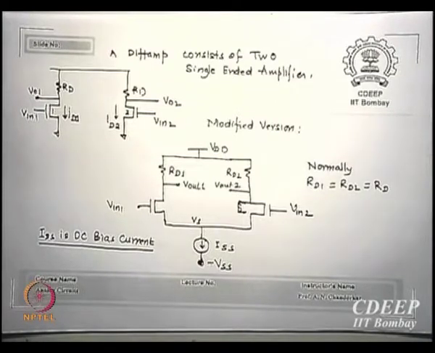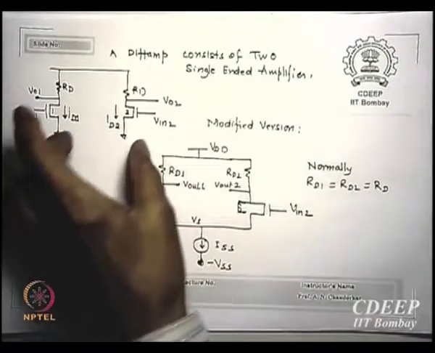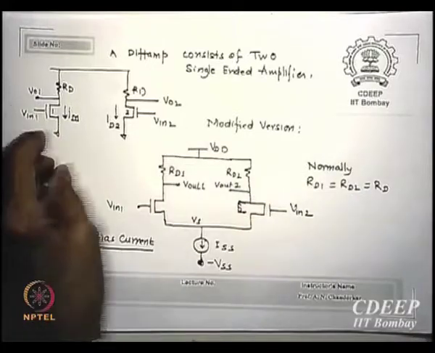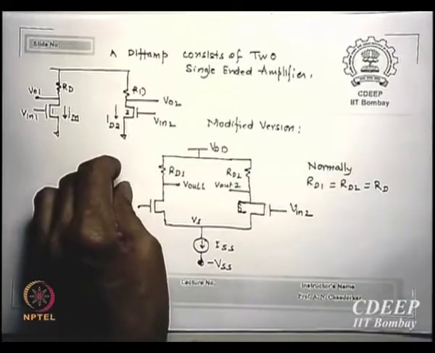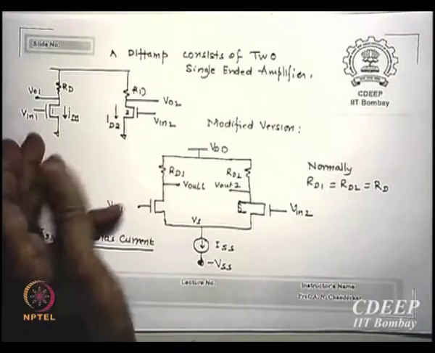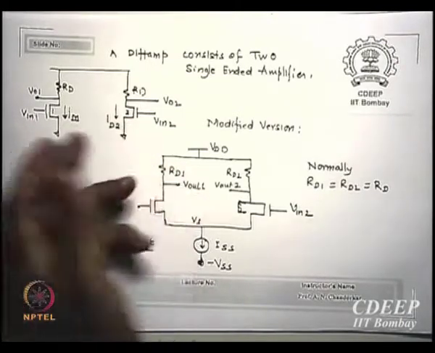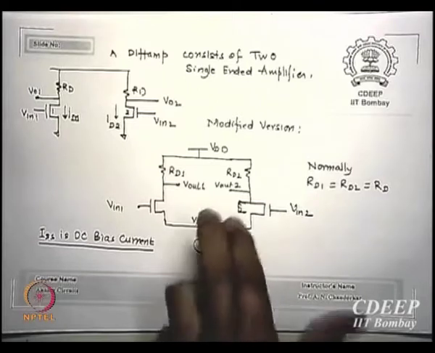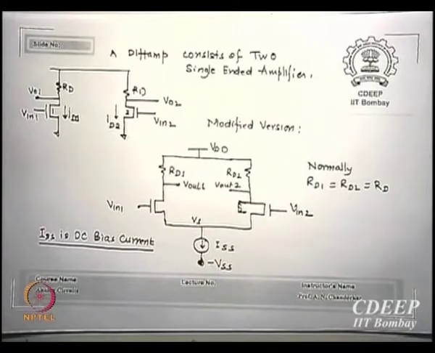So I said, why not join the sources of the two transistors and connect a common current source. They may be identical in some cases, but I need two sources otherwise. So I merged them and put one common current source.